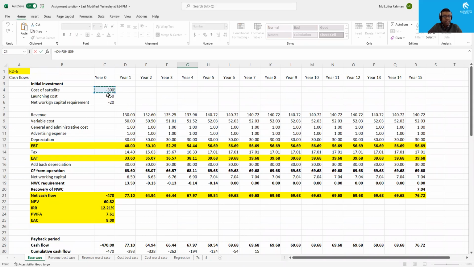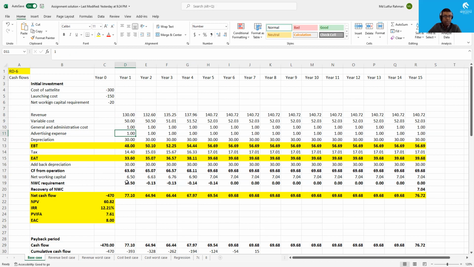You can see this is our initial investment, 470 revenue that increases by 1%. Variable cost is the operating cost which is provided, and that increases by 1%. G&A 1 million, advertising expense 1 million.